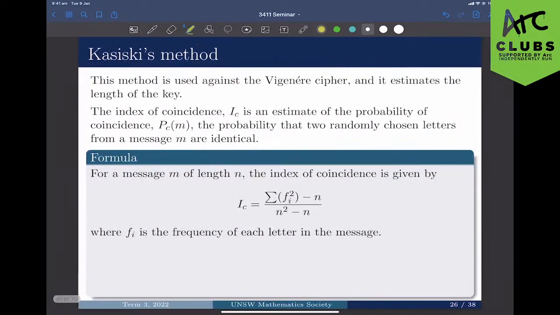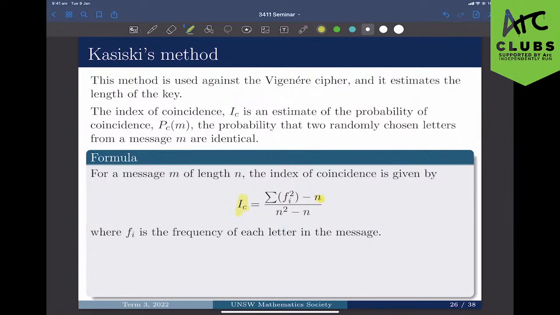So the formula is: we have a message, M, and the length is n, so the number of characters in the message is n. The index of coincidence, IC, which is what we want to calculate, is equal to this formula.